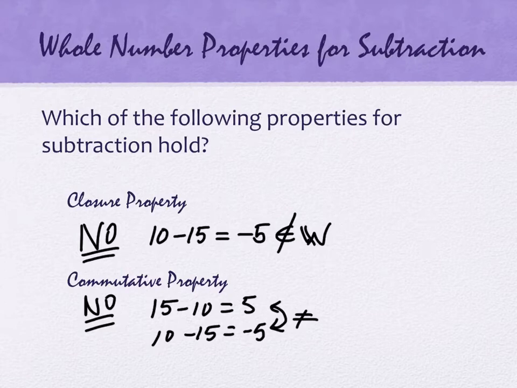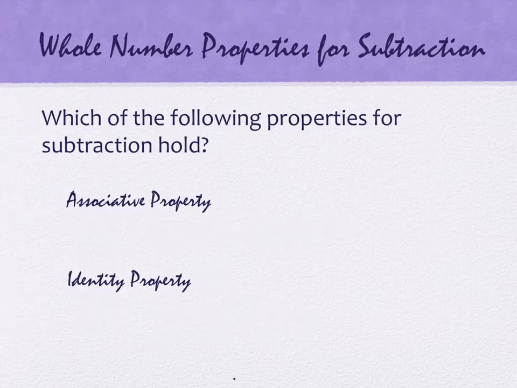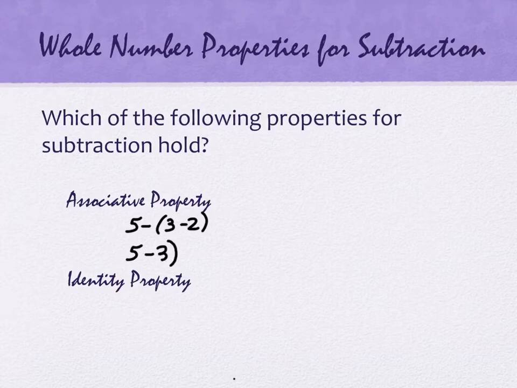Okay. The next one is associative. It might be kind of difficult to just think in your mind, maybe like you've done the last 2, of does this work? So let me just write one down. And actually the truth is that it doesn't matter whether you write down the same one that I pick or not. So we'll do 5 minus 3 minus 2 here, and we'll do 5 minus 3 and then minus 2.